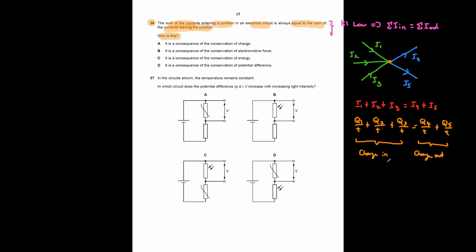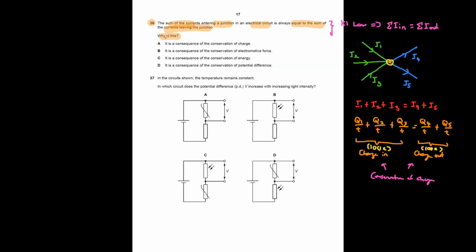So this is actually conservation of charge. Because if there are 100 electrons going into this junction, you will have the same 100 electrons going out of the same junction. That's Kirchhoff's first law.